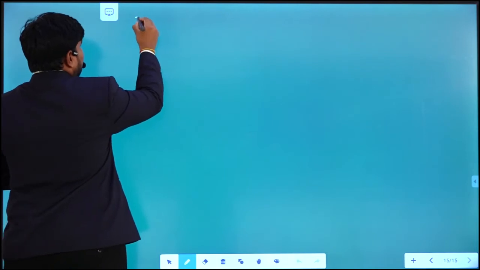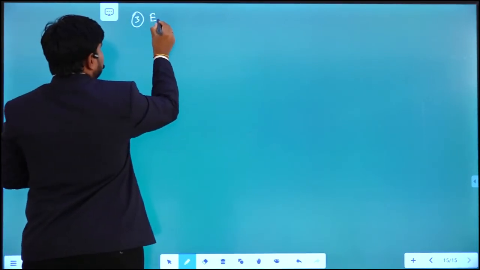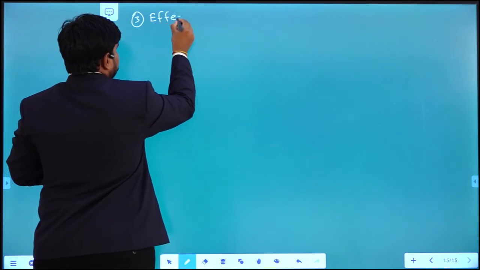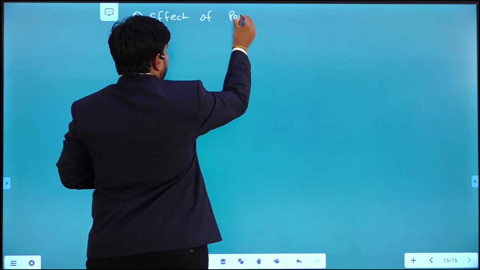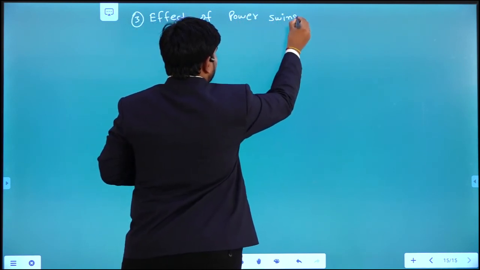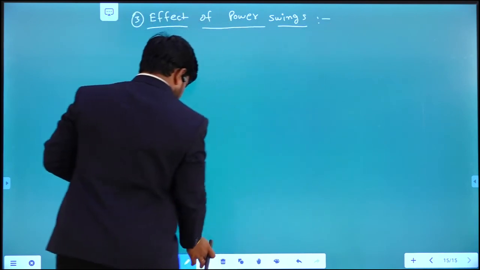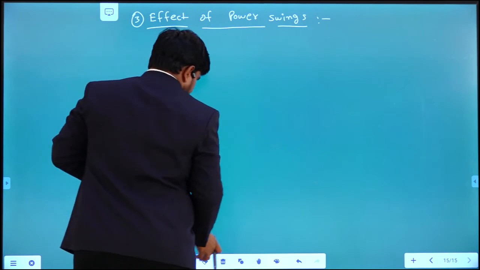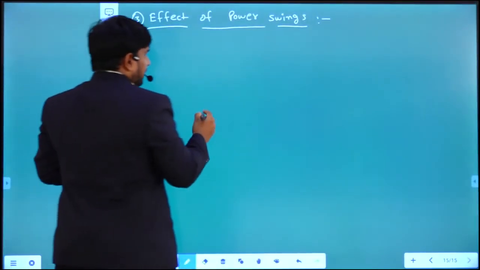Let us move on to the third case, that is the effect of power swings.